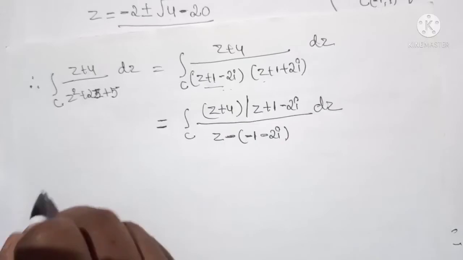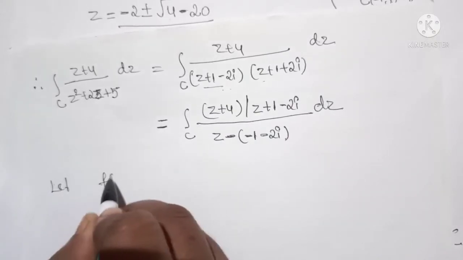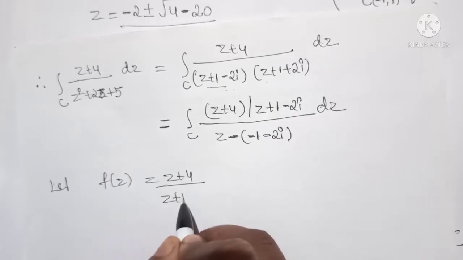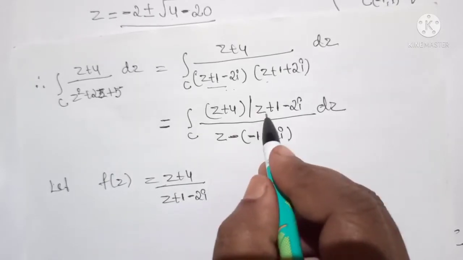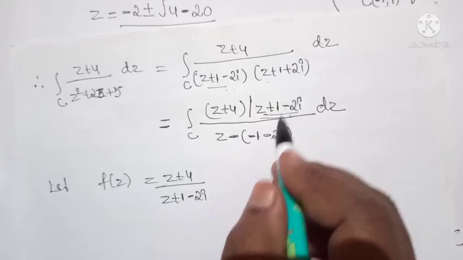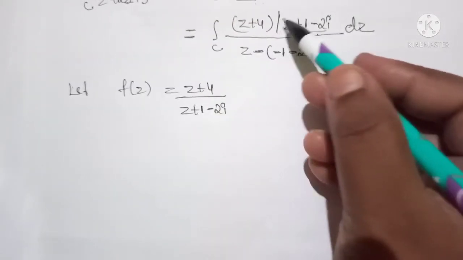dz. Now let f of z equals to z plus 4 divided by z plus 1 minus 2i, because at this point, that is the point of singularity, lies outside the circle. So therefore this we have taken to the numerator.